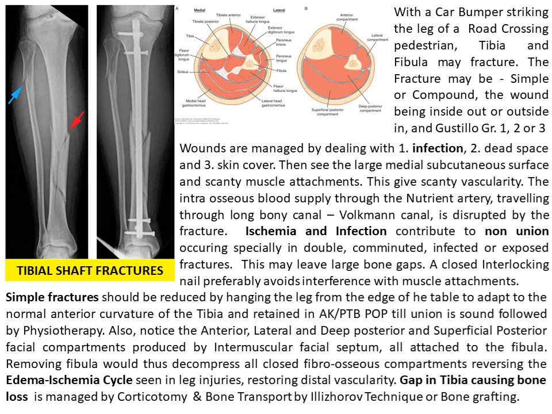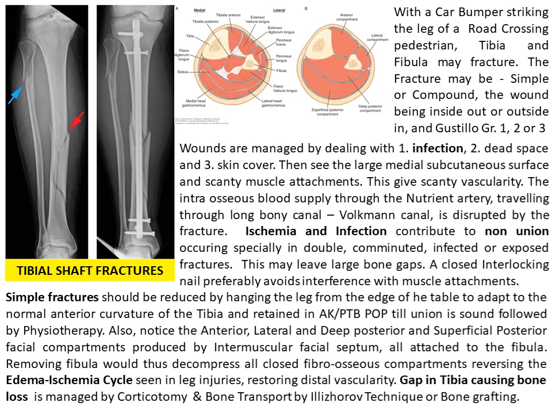Therefore, when there is injury, there is inflammatory edema. Edema in a closed fibro-osseous space causes increased pressure and compromises the distal vascularity, and can even lead to gangrene of the foot.